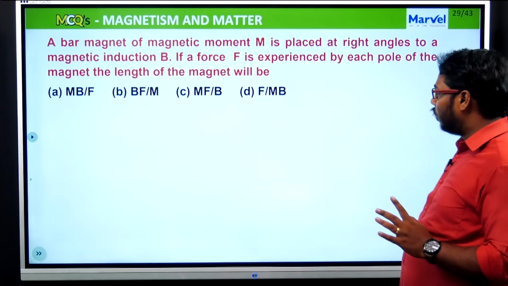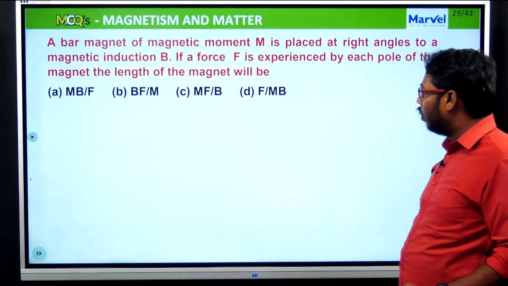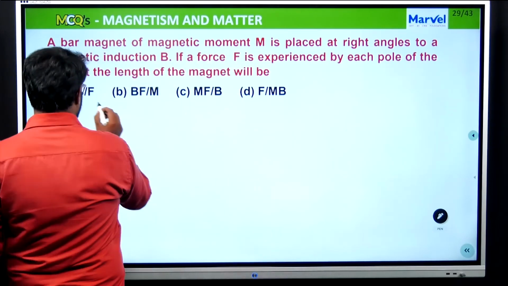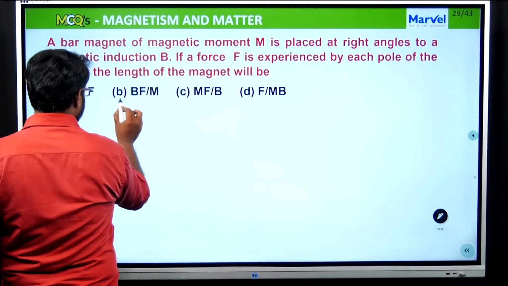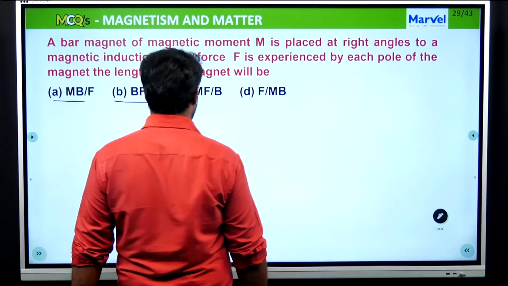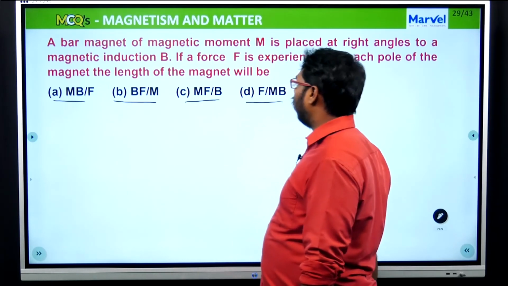If you just have a look at the options, there is one thing we know for sure: definitely the dimension of this and this are not the same. Likewise the dimension of this and this are not the same.